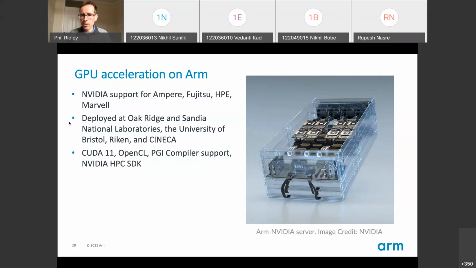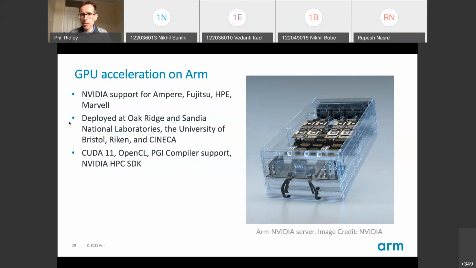And there is a lot of support in terms of tools, programming mainly from NVIDIA on that front. But there are a lot of good tools there to use.